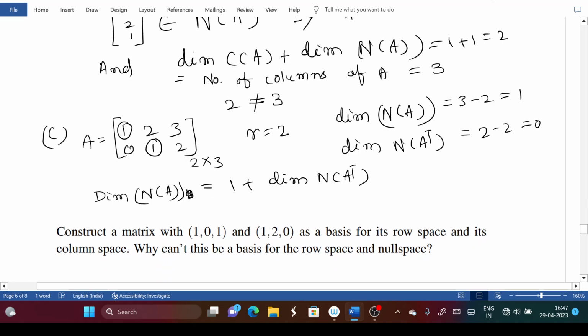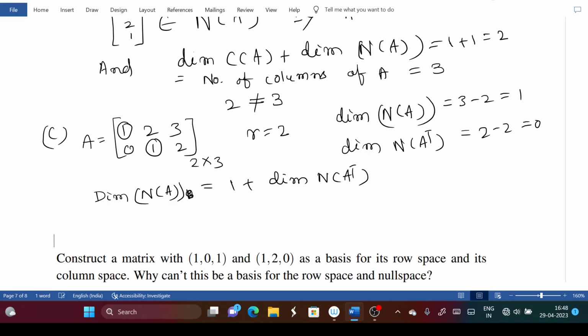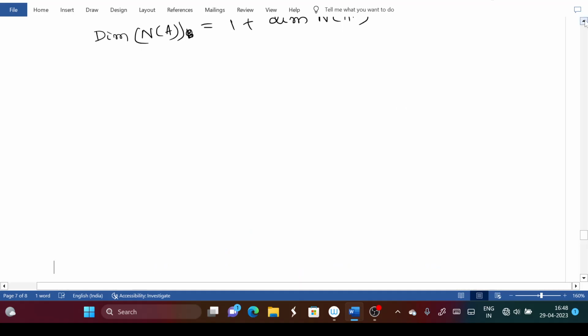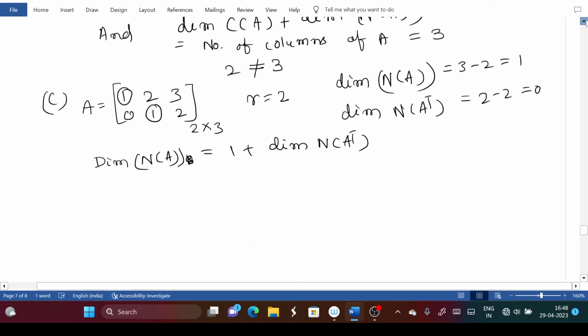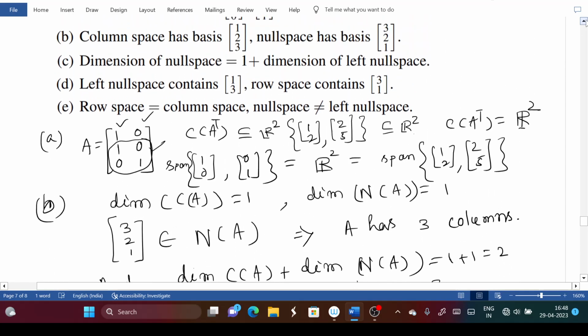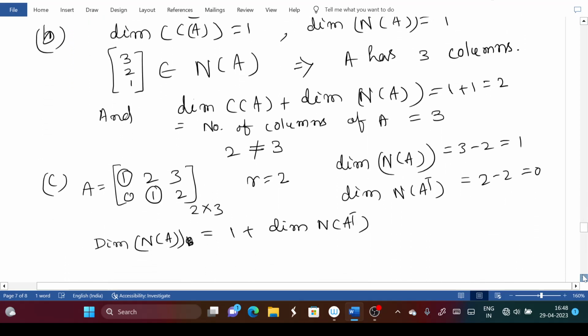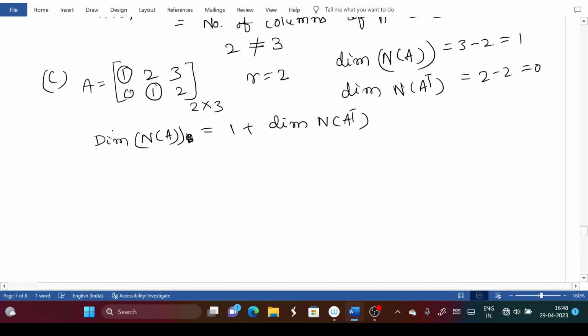Next part of the question is the D bit. Left null space contains this and row space contains this. Okay. My matrix has row space (3, 1).